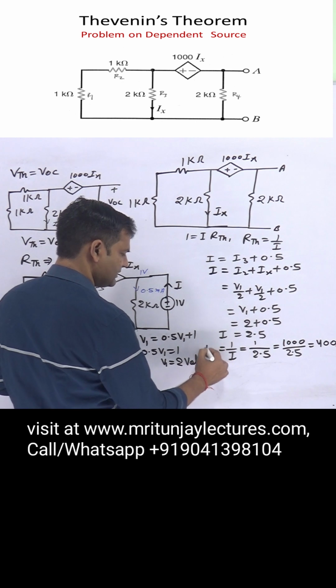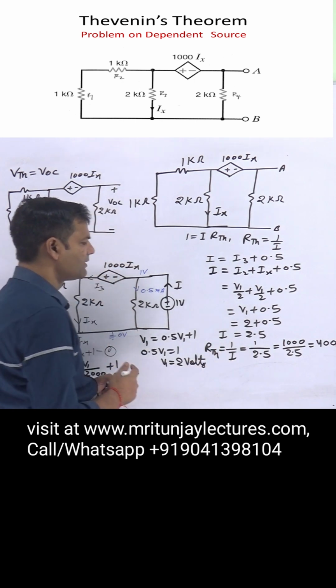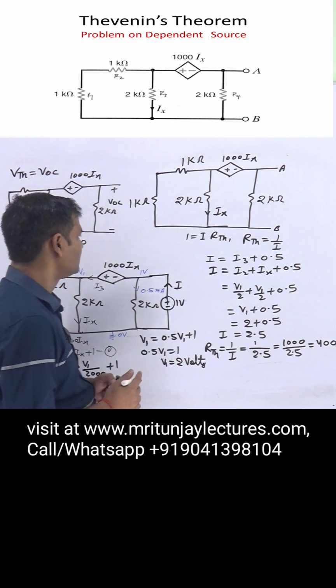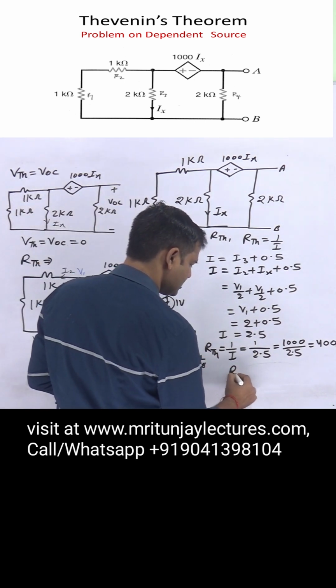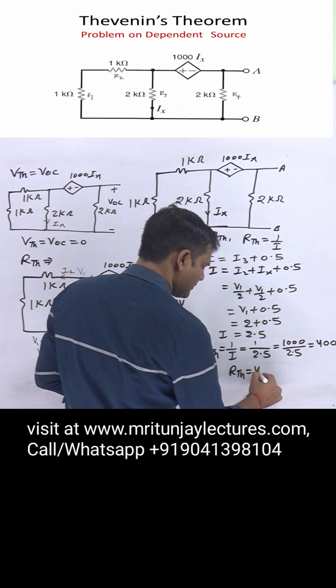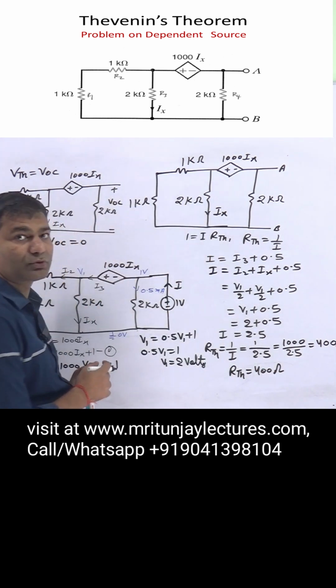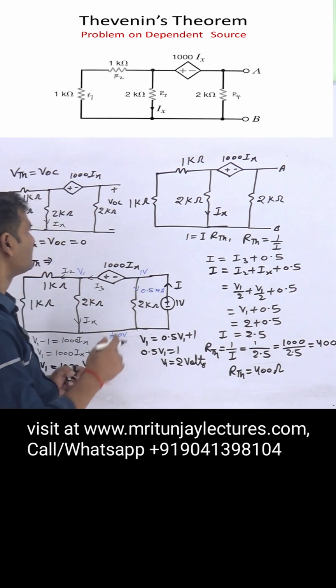So that is RTH. Clear or not? What about RTH? RTH is 400. So finally we got RTH is 400 ohm.